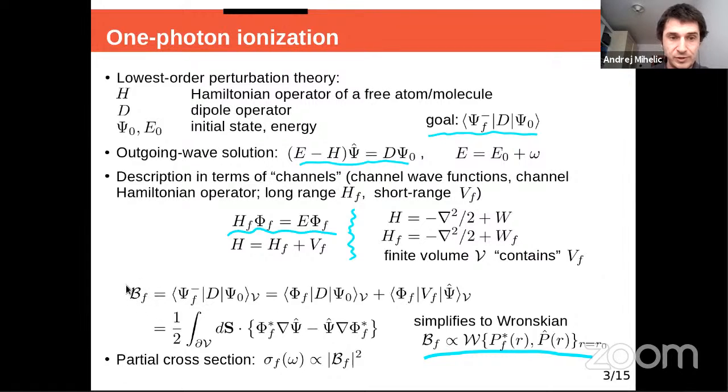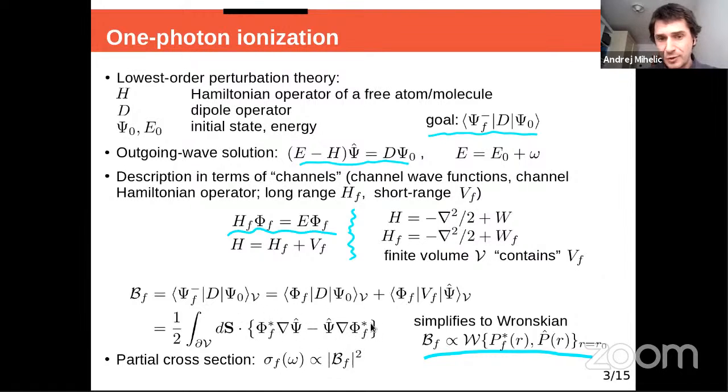Now, if this is the case, the photoionization amplitude can be written in a form of a surface integral. This integration actually runs over the boundary of this volume. And this particular form is very convenient for the calculation of the amplitudes, because it contains no explicit potential, for example. It only contains the channel wave functions and the solutions of the driven equation.